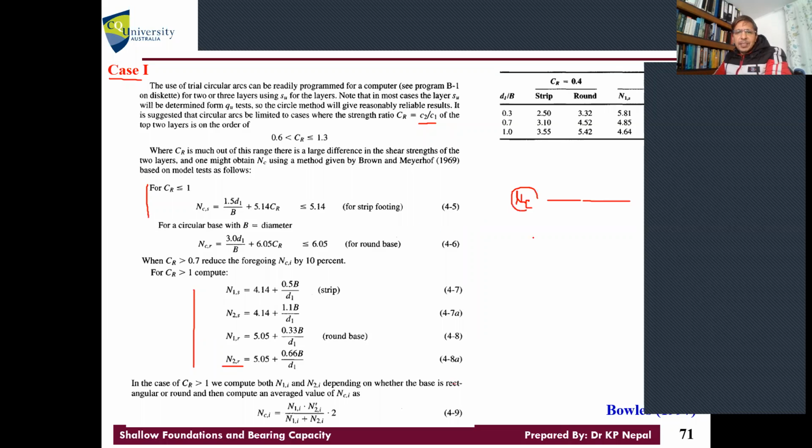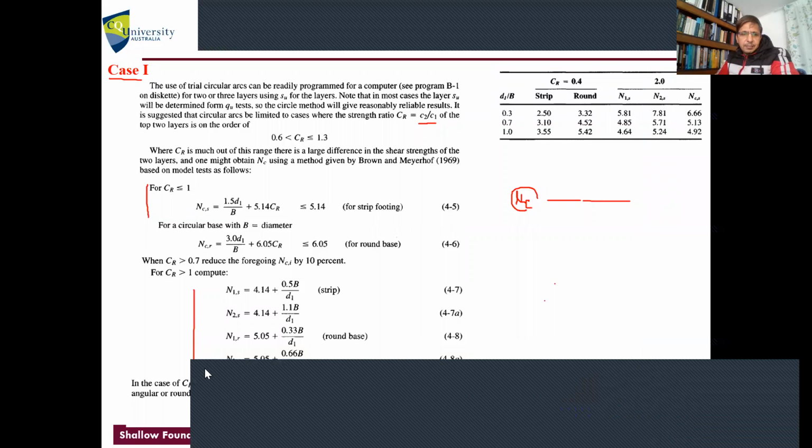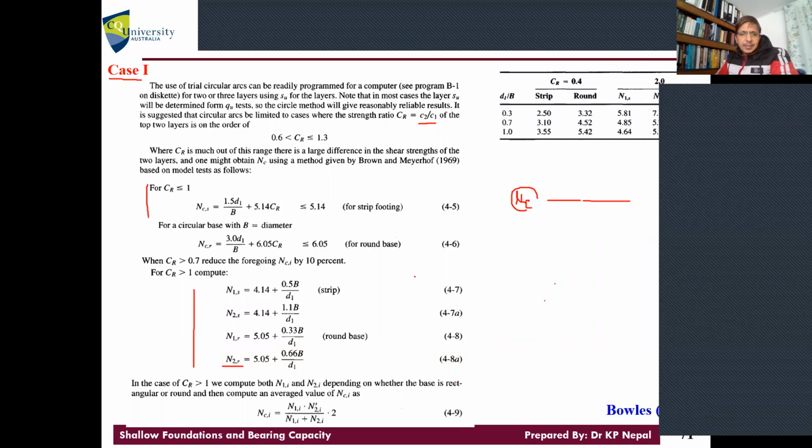So there are different formulas for different cases, such as stiff footing and round base. Let's put this somewhere. So you just calculate the combination. You calculate the Nc value by using this equation, and use the same bearing capacity equation we considered before.